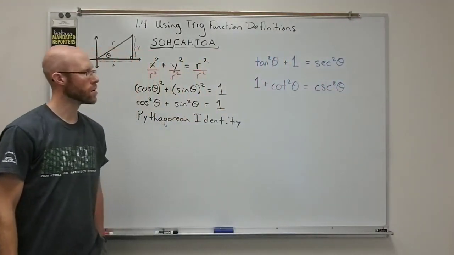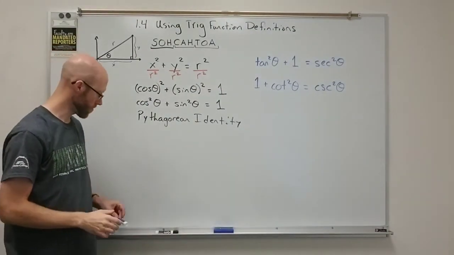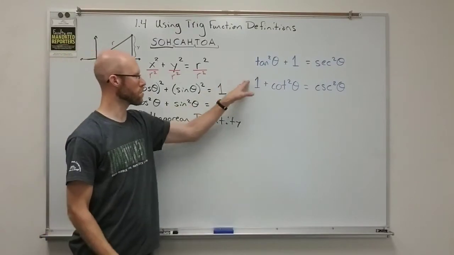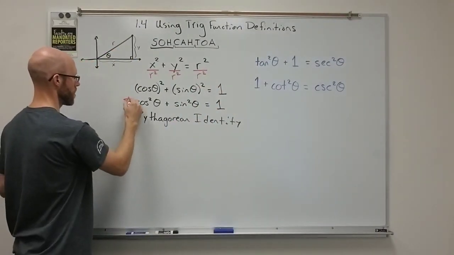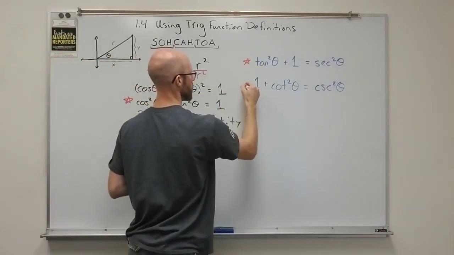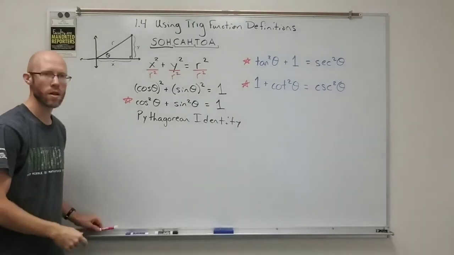Okay, so those are the other two Pythagorean identities. So we have really three Pythagorean identities. I'll put a little red star next to them, right there, and right there. Those three identities.